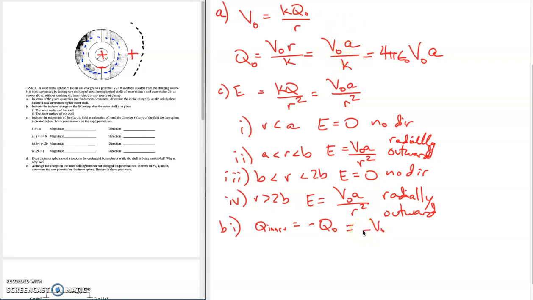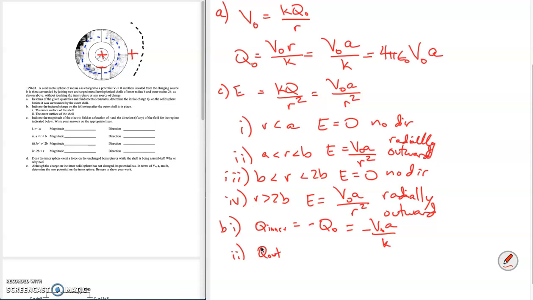So minus V naught A over, in this case, the radius will be, for the electric field, the radius would be B, but we don't care about that right now. All we care about is the size of the charge, which is going to be V naught A over K with a minus sign.